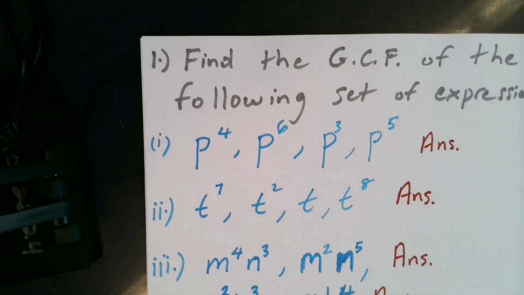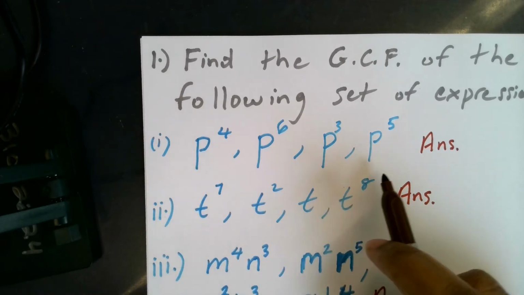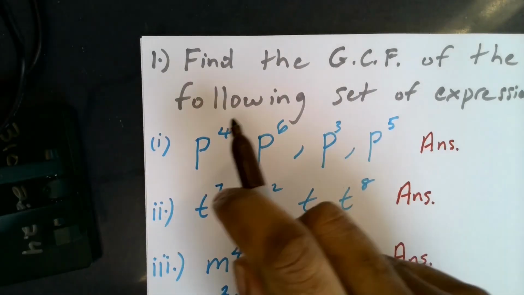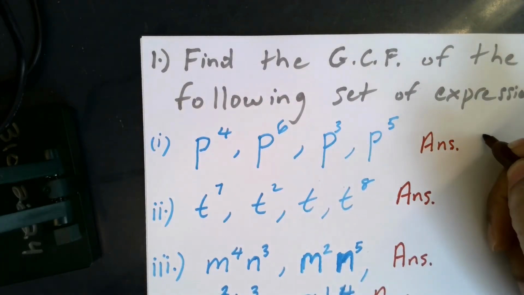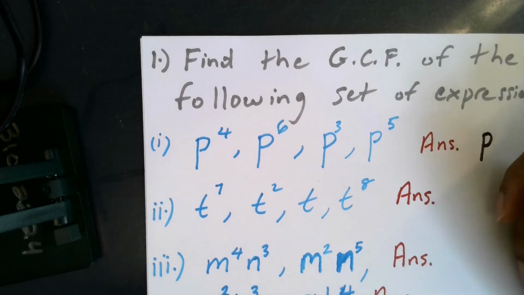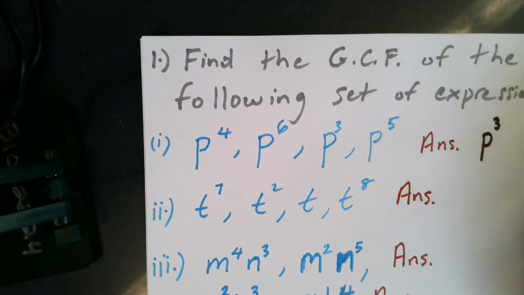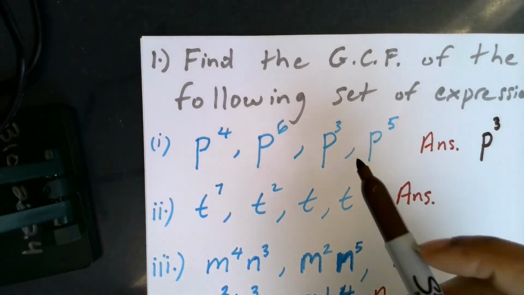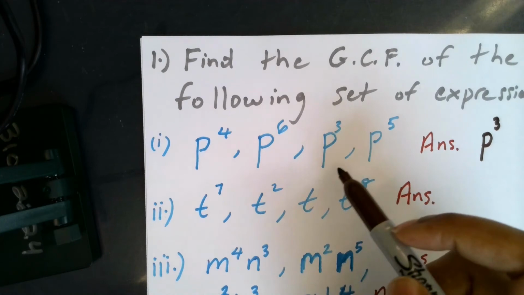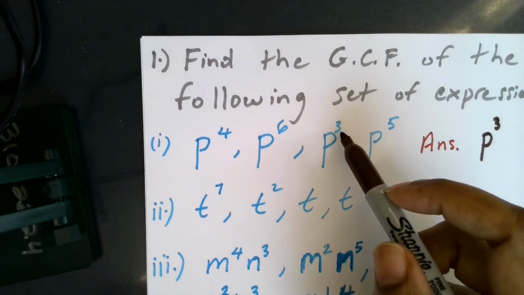All right? So for number 1, the greatest common factor of these 4 expressions is p cubed. All right? So that's your answer. The G.C.F. of these 4 expressions is p cubed, because p cubed has the smallest exponent. All right? Very easy.